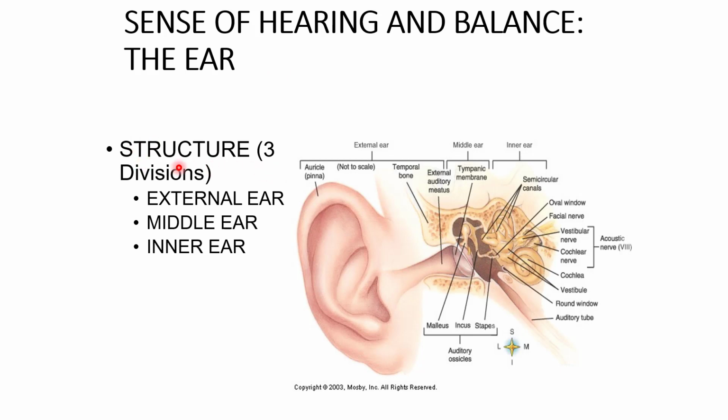The structure of the ear has three divisions: external ear, middle ear and internal ear. What we see from the external surface is part of the external ear, that is the auricle or pinna, and the external opening of the external auditory canal.